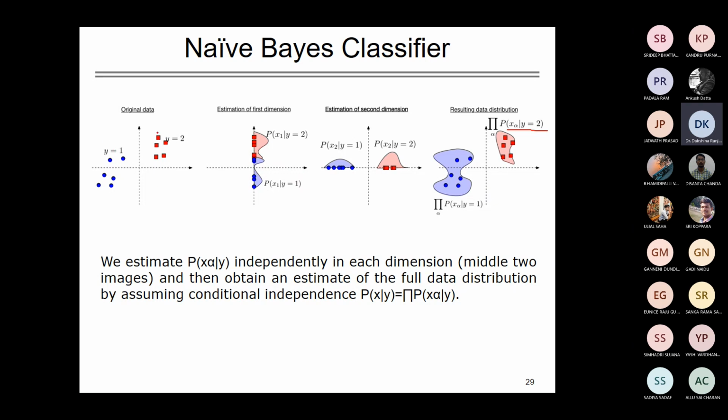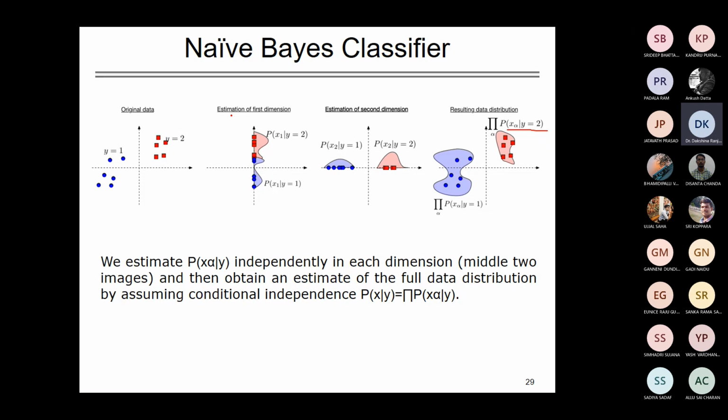Since there are two different classes, for class y equals 1, we get the probability of x alpha given y independently, as well as the estimate probability of x alpha given y, here probability of x1 given y equals 2 independently. So for each dimension, we will get the estimate probability of x alpha given y independently.